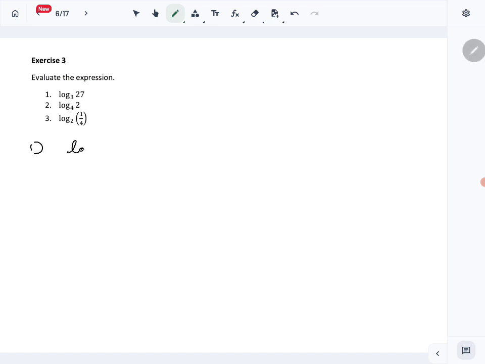So here I want to find the log base 3 of 27 value. So let's say that is equal to y. So the objective is to find y. So the method is convert to exponential form. Then you can find the answer.